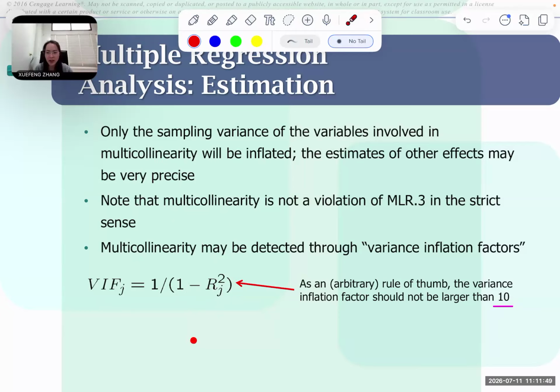If Xj is well explained by the other X, Rj squared is close to 1. So in this case, VIFj blows up. Okay, the threshold of 10 is a rule of thumb, it's not a law.